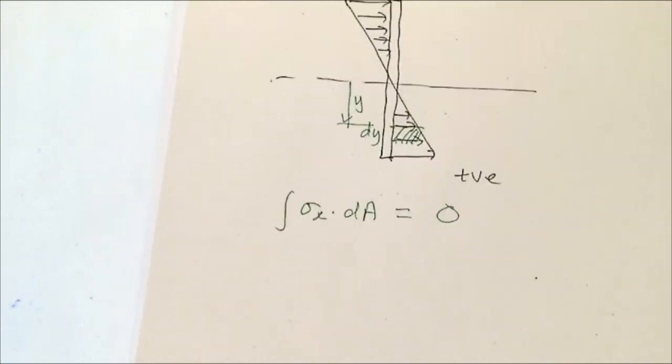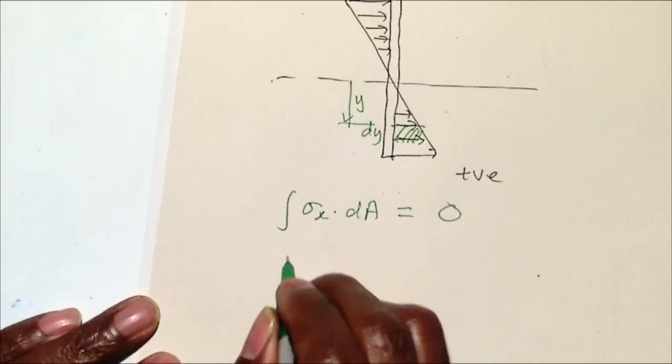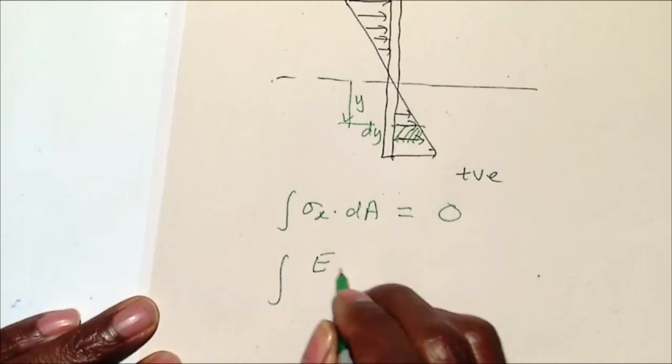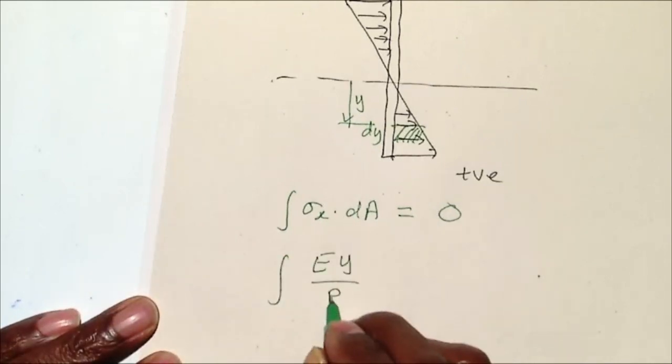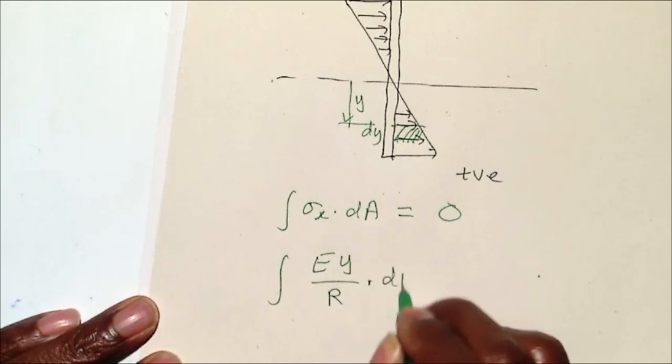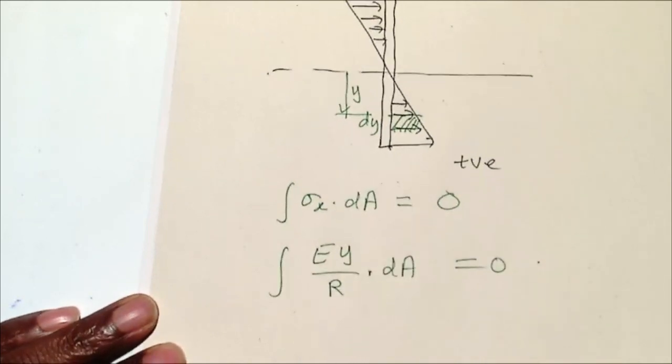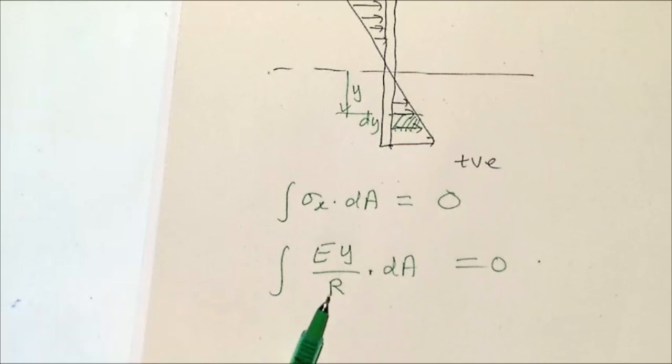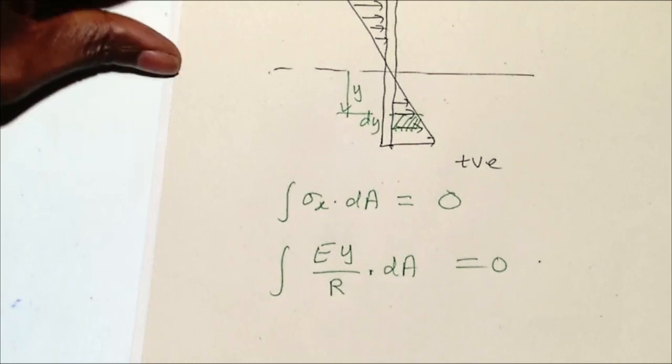But our sigma x, which we've just shown is modulus times y over R, integrated over dA, has to be 0. The modulus does not change. That is constant for the material. The radius of curvature of the bend does not change. That is a constant. Our coordinate y can change depending on where you are within the section that you are looking at.